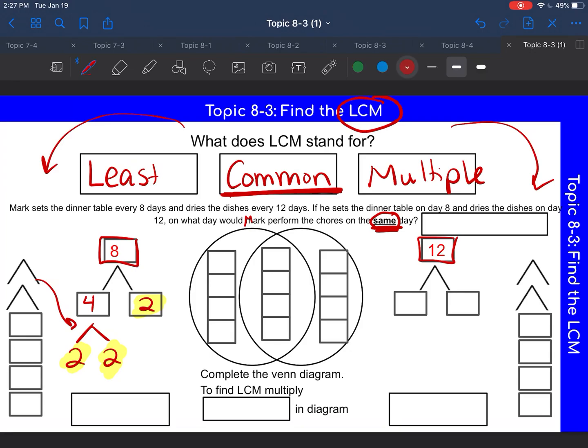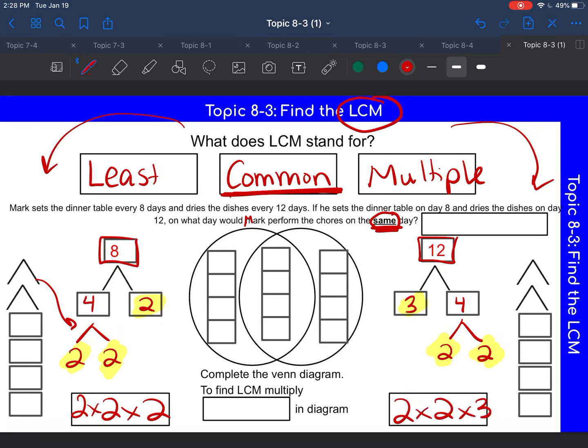So the prime factorization of 8 is 2 times 2 times 2. Now the prime factorization of 12, you can either do 3 times 4 or 6 times 2. It doesn't matter which one. We'll do 3 times 4. 3 is prime, but 4 is not. So the factors of 4 are 2 and 2. So you end up getting the prime factorization is 2 times 2 times 3.